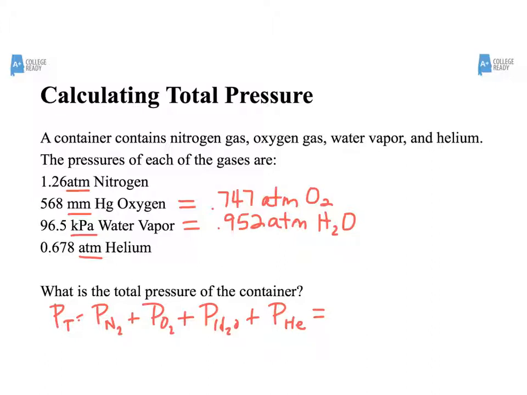So 1.25 plus 0.747 plus 0.952 plus 0.678, and add all of that up, and you get a total of 3.64 ATM. So, given the partial pressures, we can calculate the total pressure.